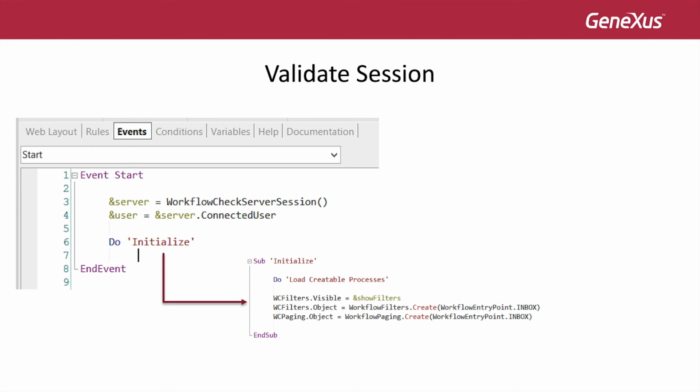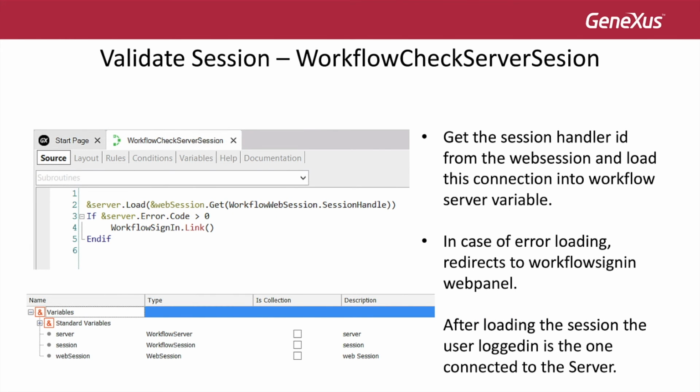we are going to see the workflow check server session procedure. This procedure gets the session handler ID from the web session and loads this connection into the workflow server variable. This session was previously saved into the web session during the login.